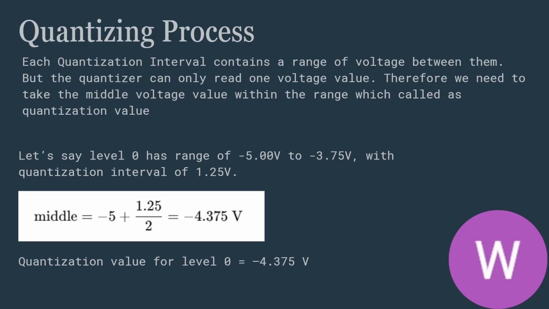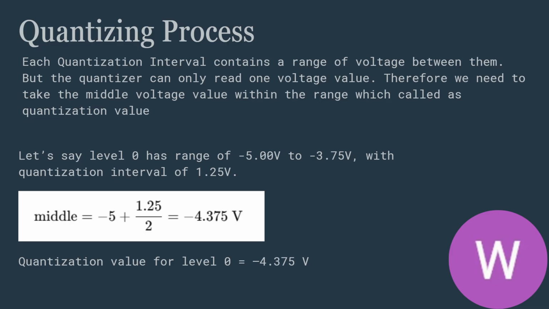So after we know the quantization interval, we already know the range of voltage within each level. Now the next thing is we need to find the quantization value, the actual voltage value for each level.